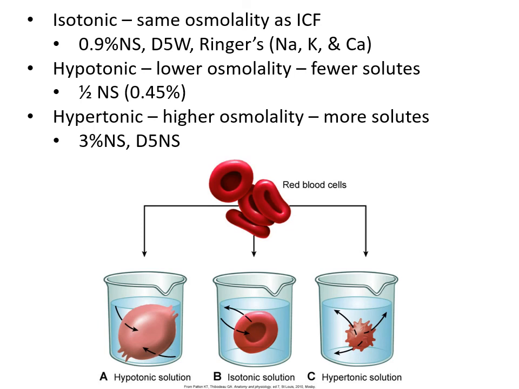So sometimes in head injuries, we will use 3% normal saline to try and pull some of the edema out of the cells and reduce the overall pressure within the brain, because we're pulling fluid out of the cells and into the vascular space. So it'll reduce the pressure in the brain.